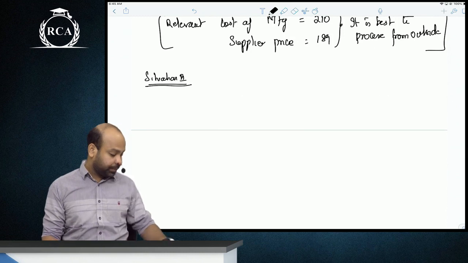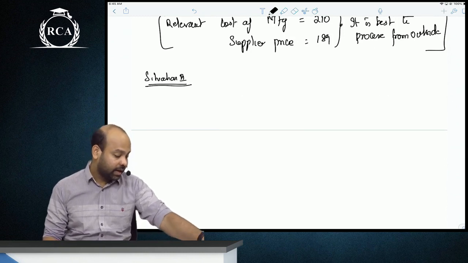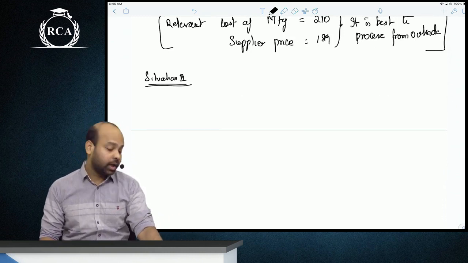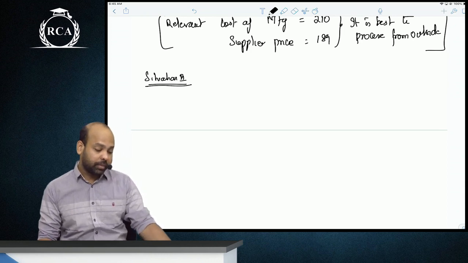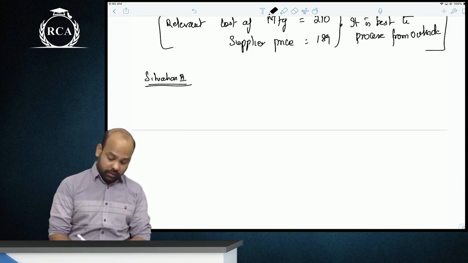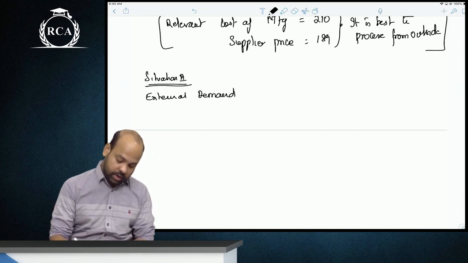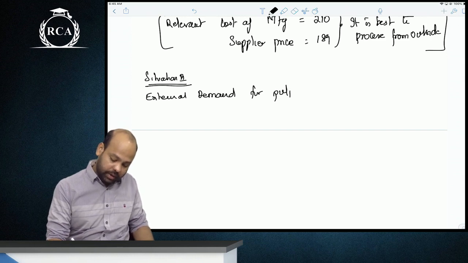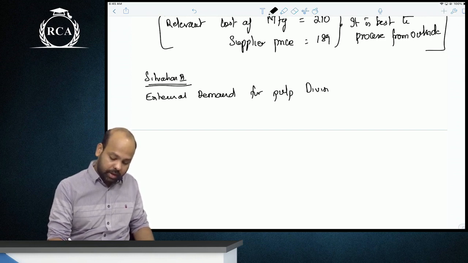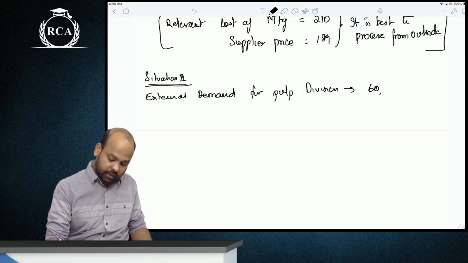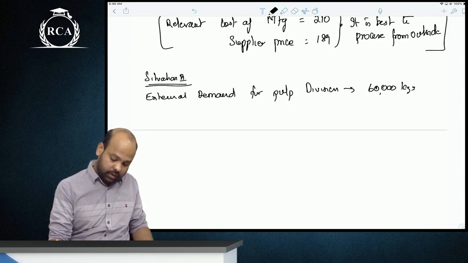Situation 2, guys. It says that assuming that the pulp division is operating at only 60,000 kgs, now what will happen? External demand for pulp division is 60,000 kgs.